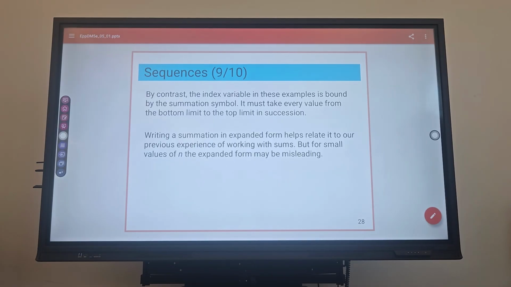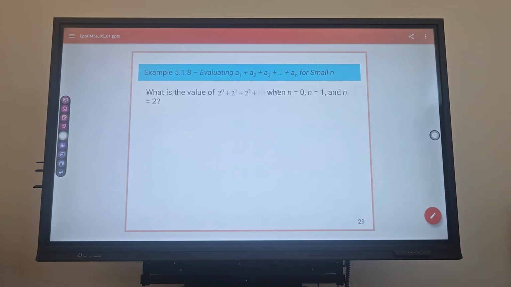Writing a summation in expanded form helps relate it to our previous experience of working with sums. But for small values of n, the expanded form may be misleading. What is the value of 2 to the 0 plus 2 to the first plus 2 to the second when n equals 1, or 0, 1, and 2?